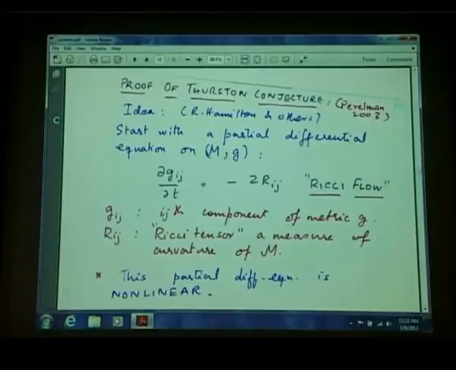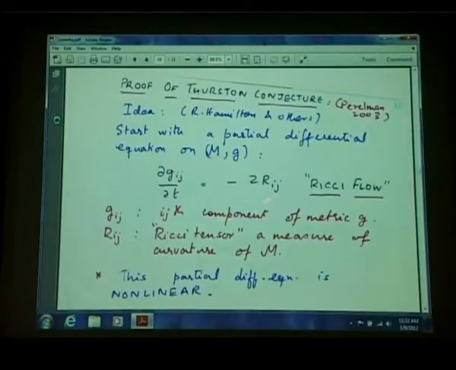So I want to give you a rough idea now of how the Thurston conjecture was proved. It was proved very recently by Perelman in 2003, but the idea dates back to other mathematicians like Hamilton from 1982. The idea looks really simple, almost naive. The idea is to start with a partial differential equation on this smooth manifold with the Riemannian metric.